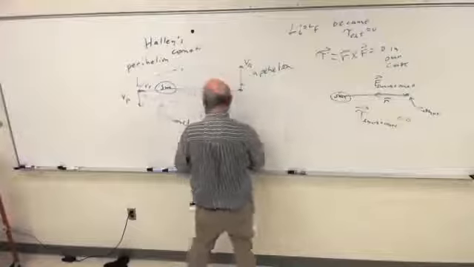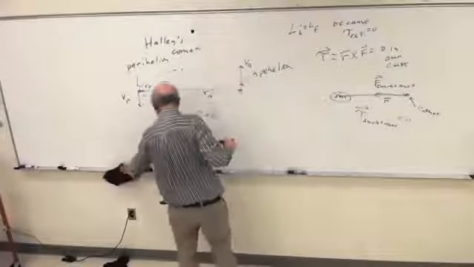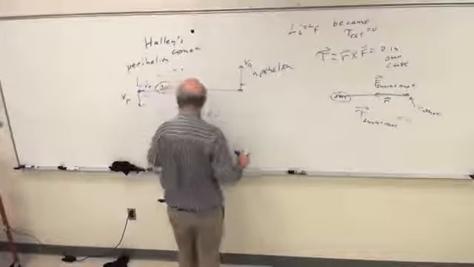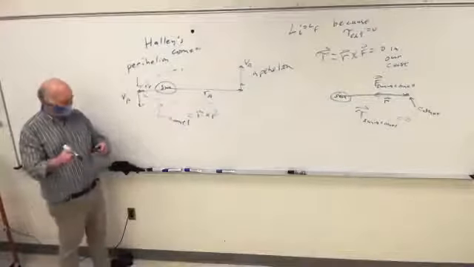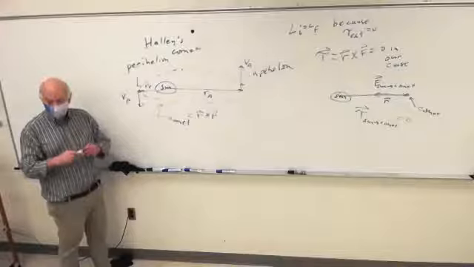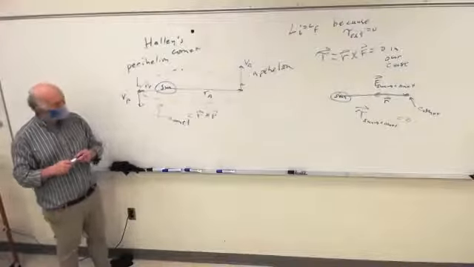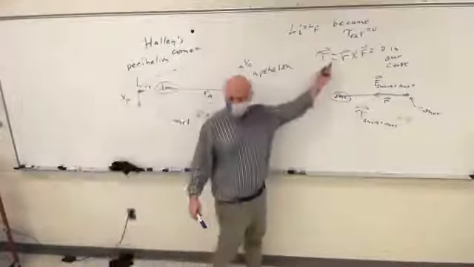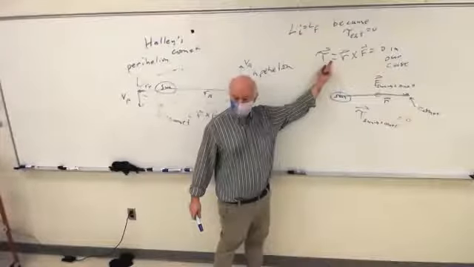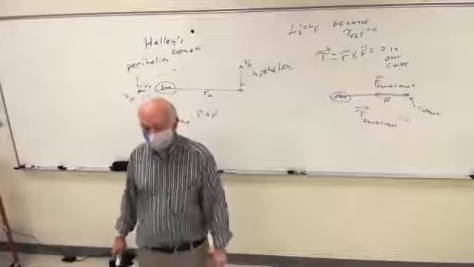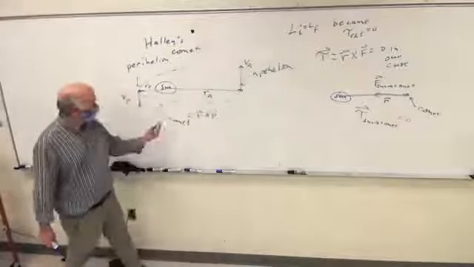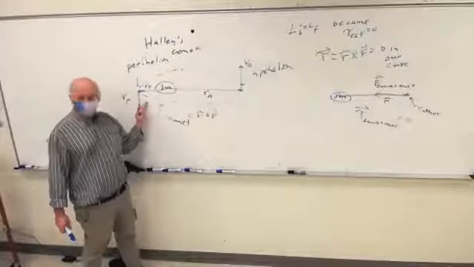So let's do this. First of all, right here, we're using R cross P because of the angular momentum. What about R cross F? That's torque, a different quantity. R cross F is going to be the torque for a remote force. So, what's the direction of the angular momentum at this spot?